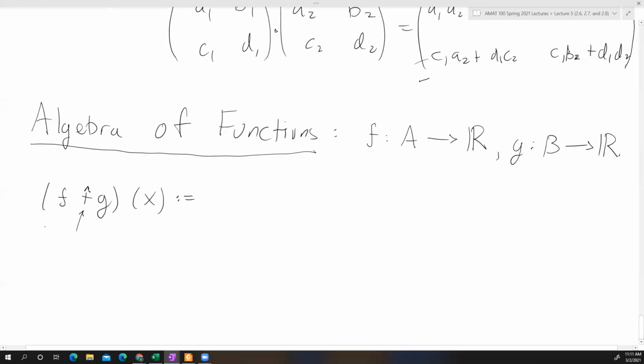So we have this equal sign or this definition symbol. Everything on the left of the definition symbol has no meaning. And then on the right of the definition symbol, I'm going to give meaning to those uninterpreted symbols. So addition of functions is pointwise.